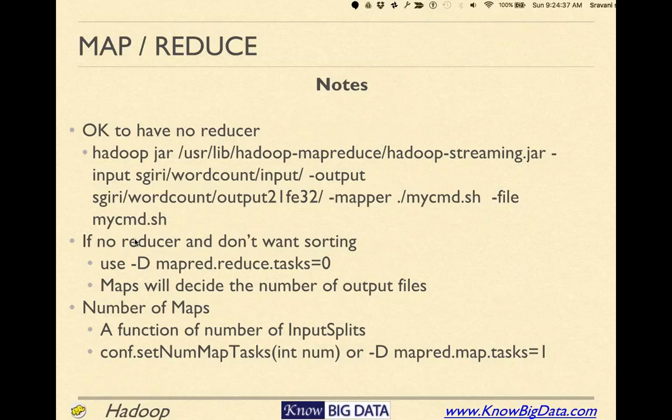So what happens in this case is, you are writing a distributed crawler, and you wrote all the URLs in a single file and fed it to the mapper task.